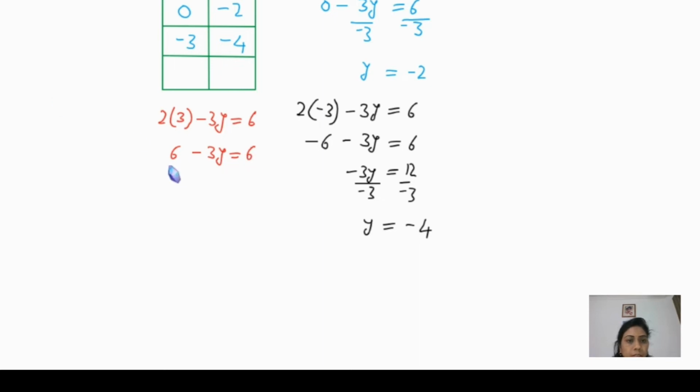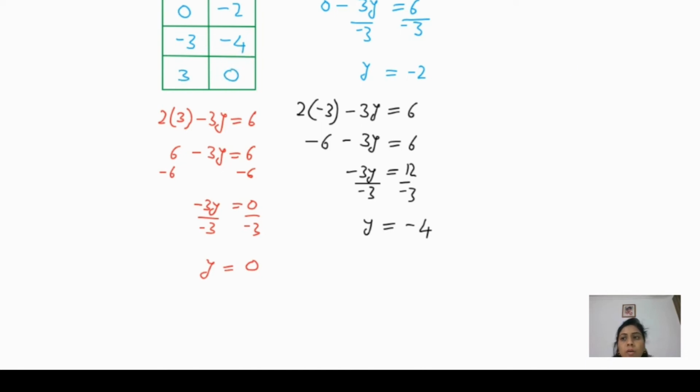Subtract 6 from both sides. So we get minus 3y equals 0. This is cancelled, this is cancelled. Now divide both sides by negative 3. We get y value 0. So when we put 3, we get 0.